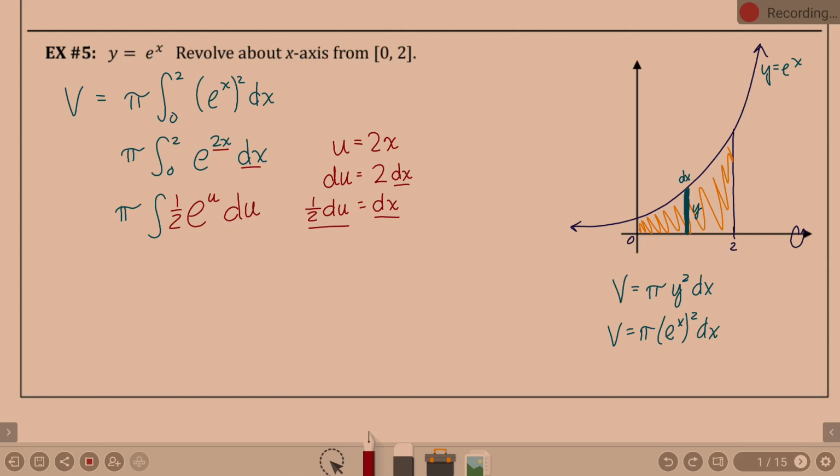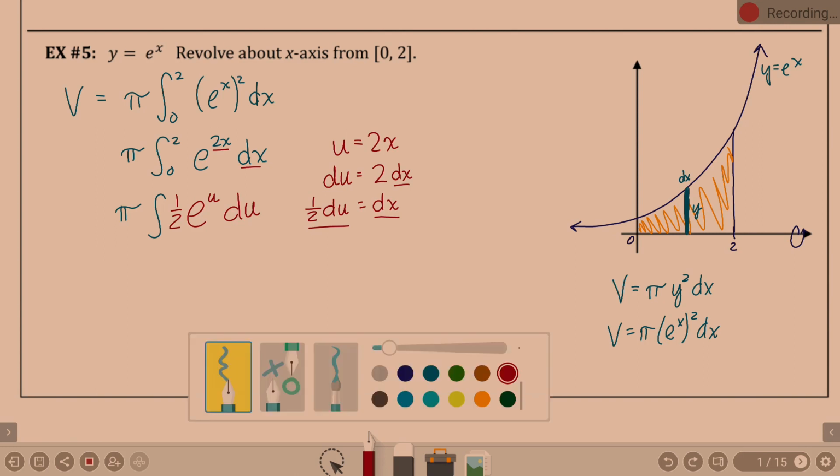If I put 0 and 2 here, 0 and 2 were boundaries of x. It wouldn't be bad to go back to x's. Can you integrate this pretty easily? Yeah. The 1/2, Hannah was saying, pull it out front, and actually, it can go out front with the pi. So we can say that this is pi over 2.